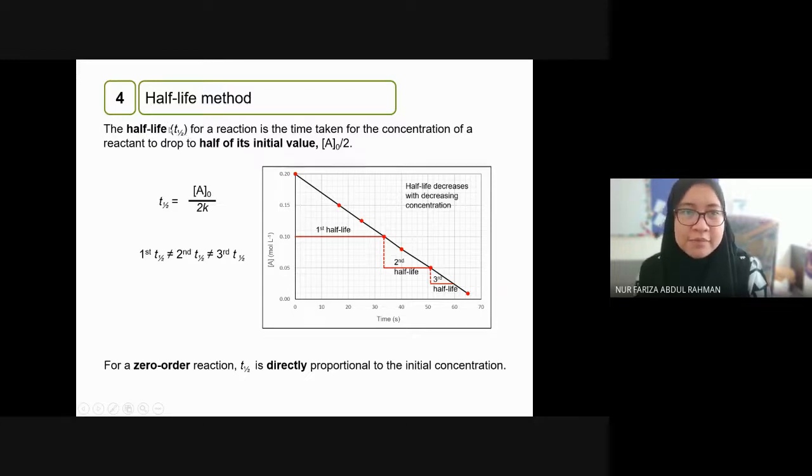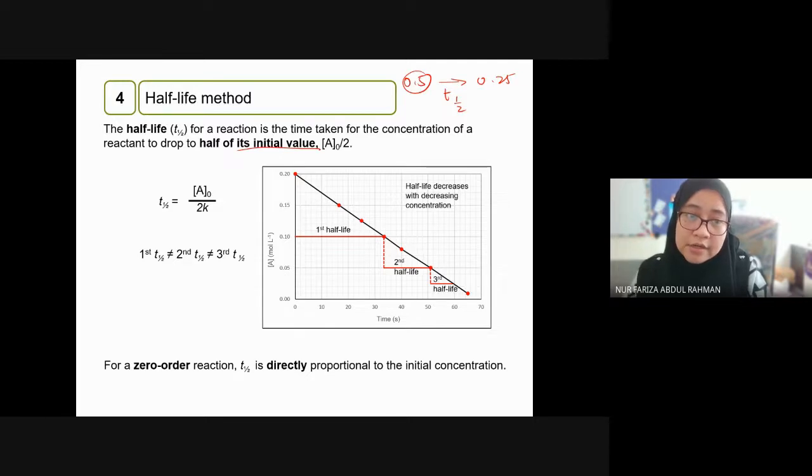Apakah T half? Half of its initial value. Kita ada initial kan? Okay, so 0.5. Separuh daripada 0.5 will be 0.25. Ni kita panggil time taken for 0.5 to become 0.25. This will be T half.